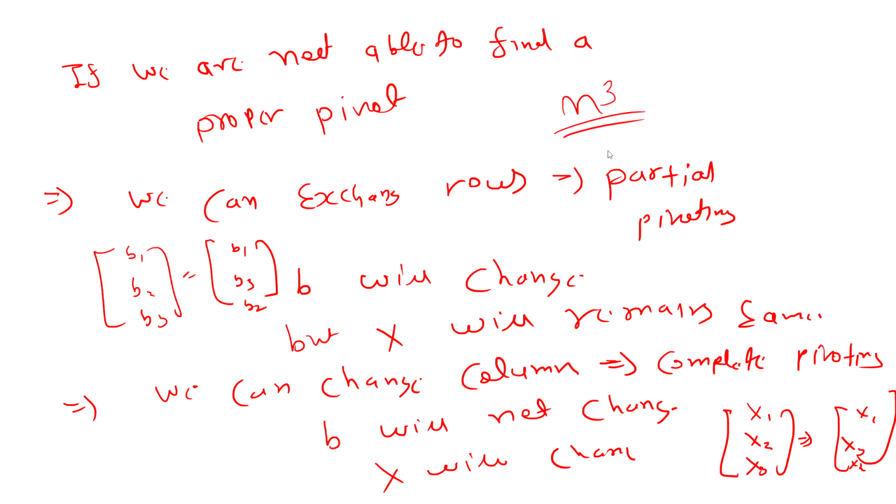Okay, so I guess I gave you enough idea of this Gauss elimination method. Let me talk about the order of certain algorithms. Or let's leave it because it is not important.